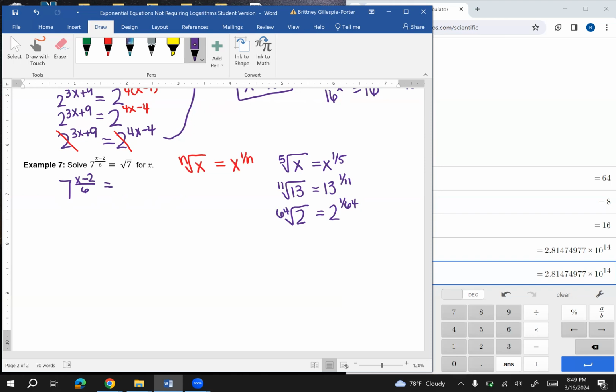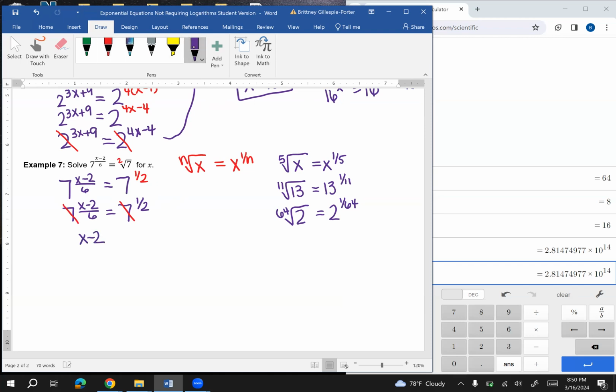Right-hand side, remember, if you can't see the index, it's a 2. So we're going to have 7 to the 1/2. And now, because our bases are the same, we can get rid of them, which means our exponents better be equal.